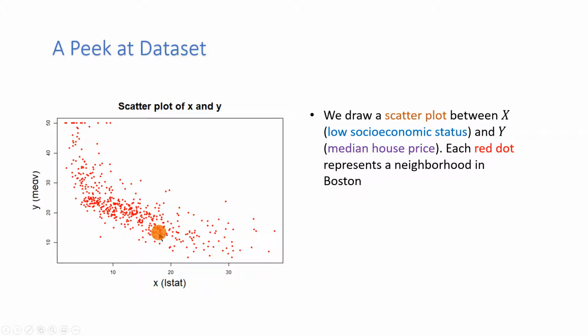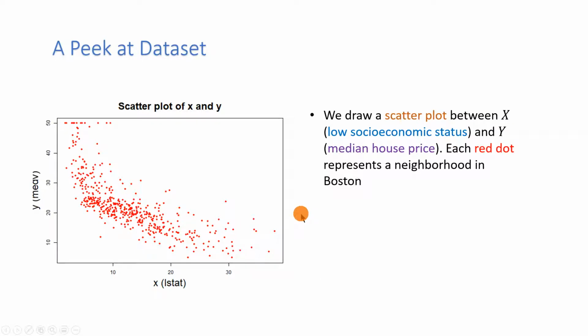Each red dot in the scatter plot represents a pair of values of x and y observed from one of the 506 neighborhoods. Here I would like to pause for a few seconds to give you some time to have a look at the scatter plot and think about what you would summarize from it.